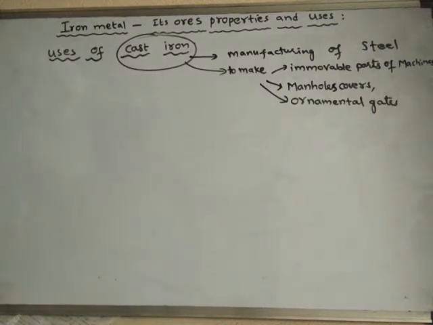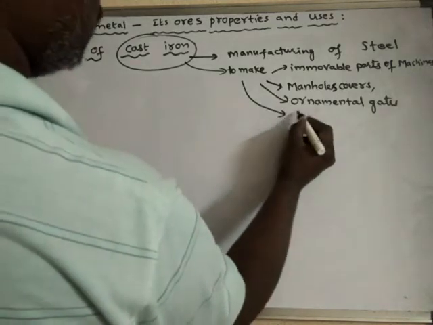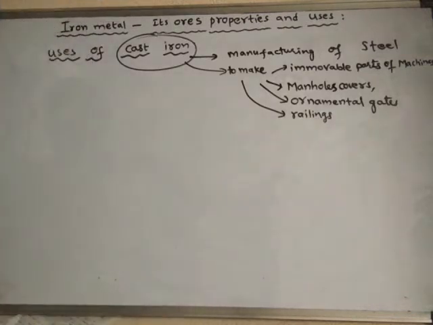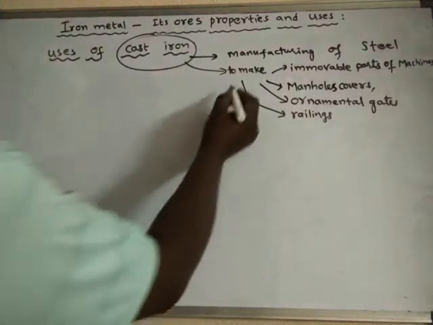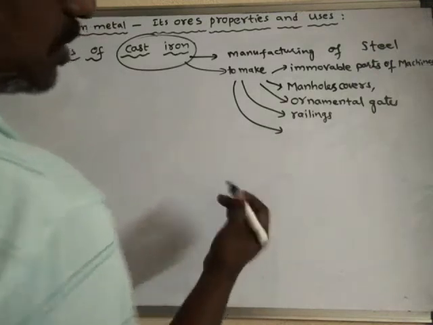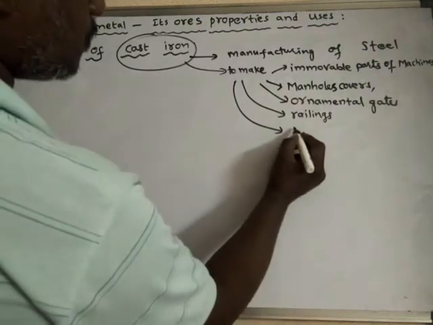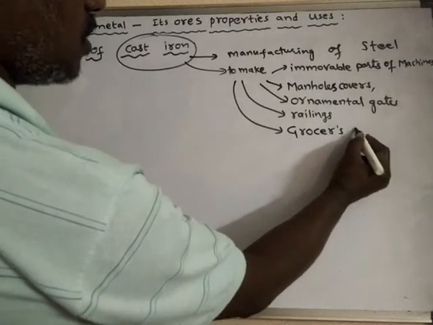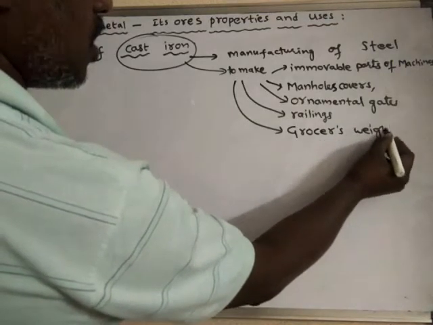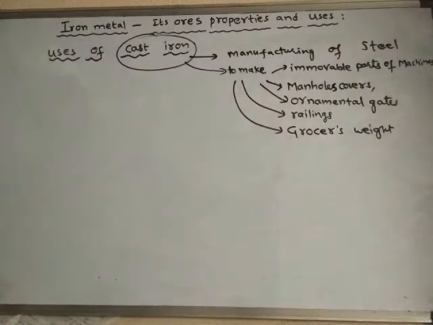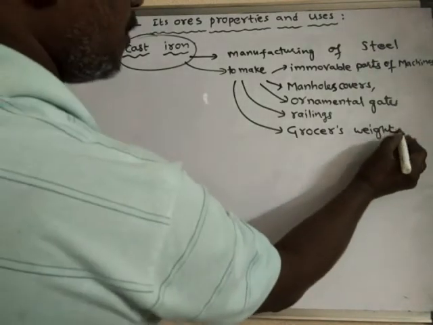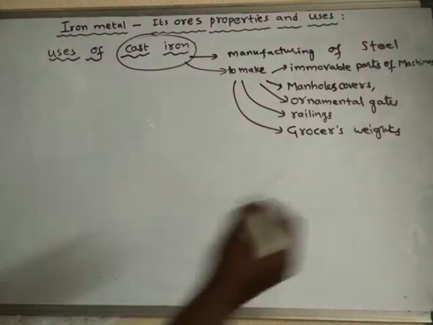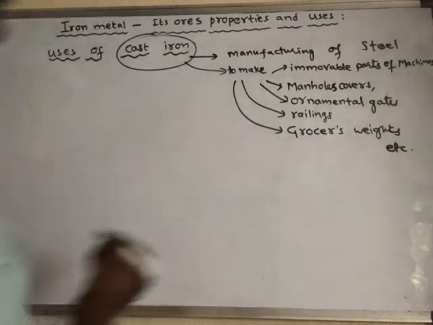It is used in ornamental gates and railings, and also in grocers' weights. So these are some of the uses of cast iron.